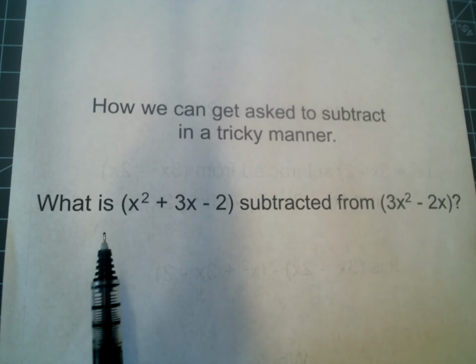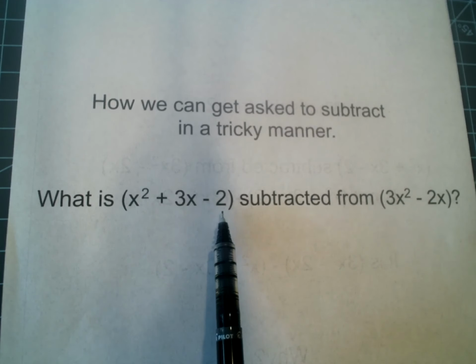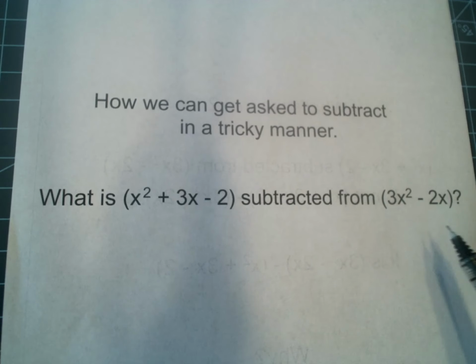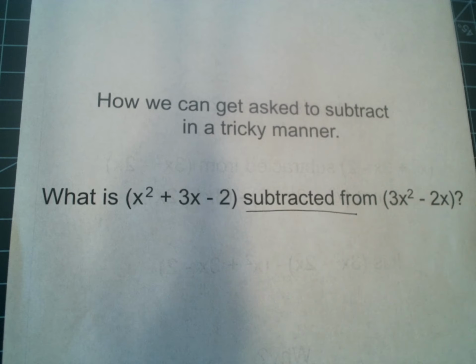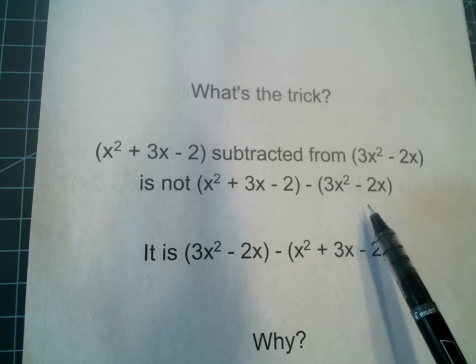This wording is a little strange. This isn't telling you to take x squared plus 3x minus 2 minus 3x squared minus 2x. This is actually asking you to take the second one minus the first one. It's because of that word, that phrase, subtracted from.